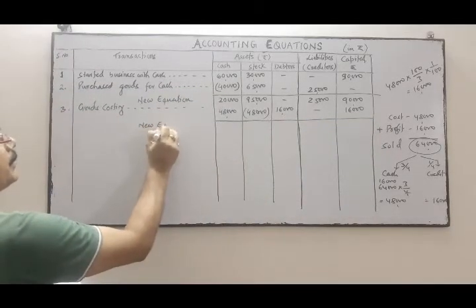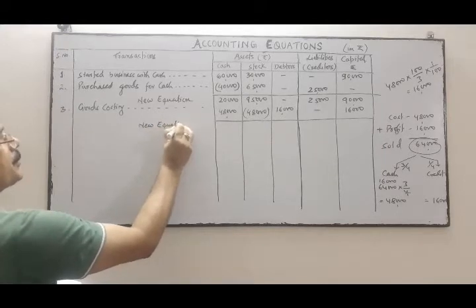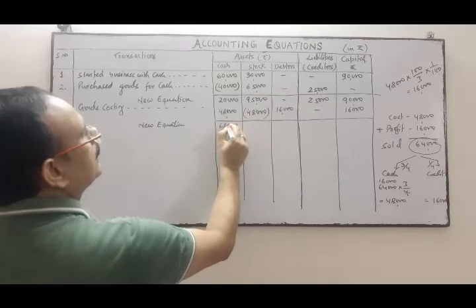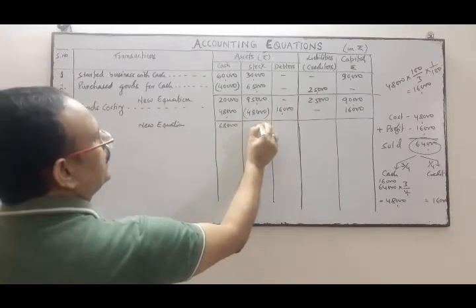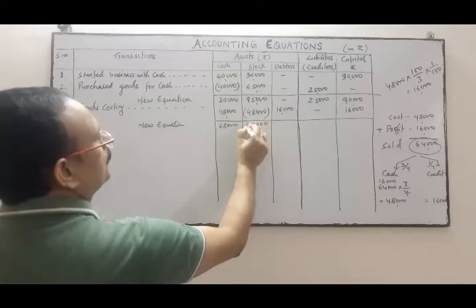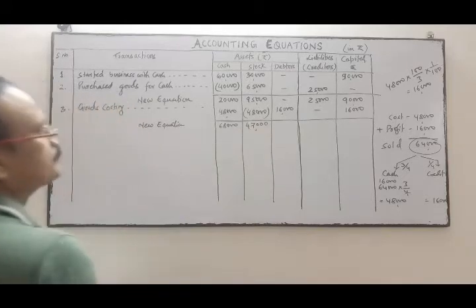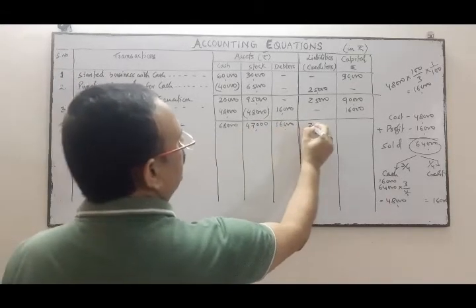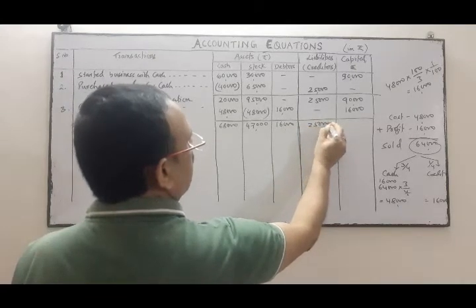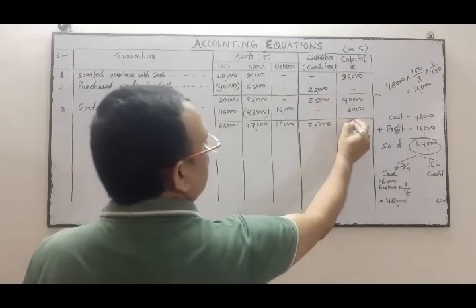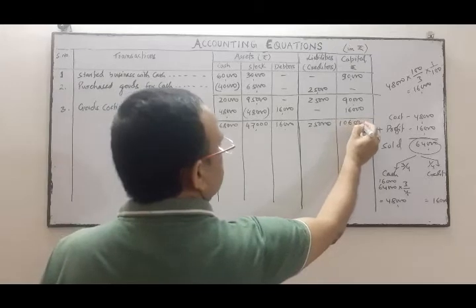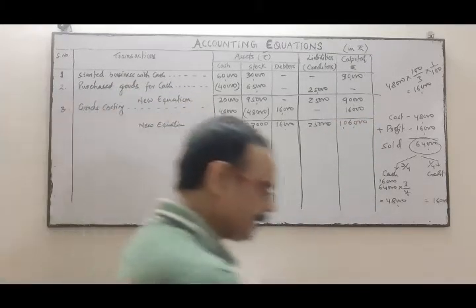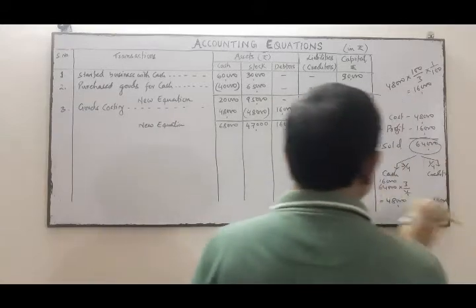New equation after the third transaction, it is 68. We will deduct it here, 47. 16 as it is, 25 as it is. This figure will carry. Here it is 1,06,000. So both side equation is same.